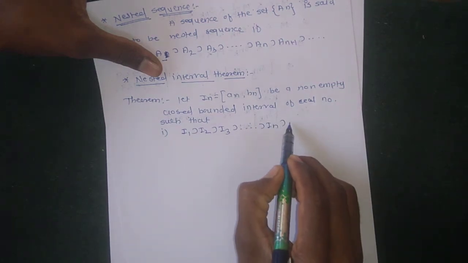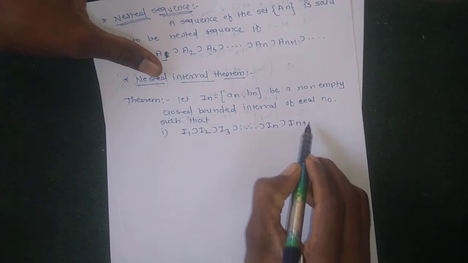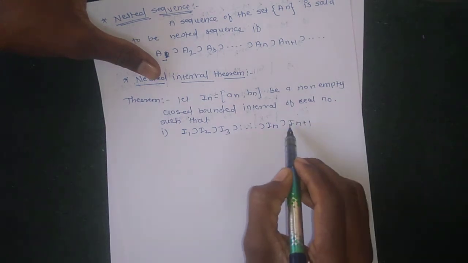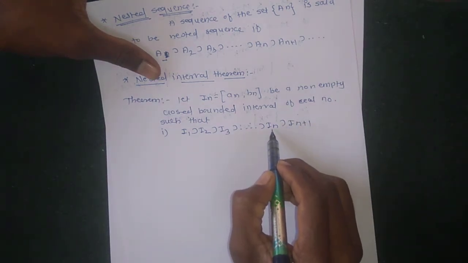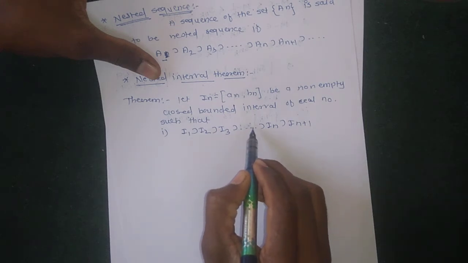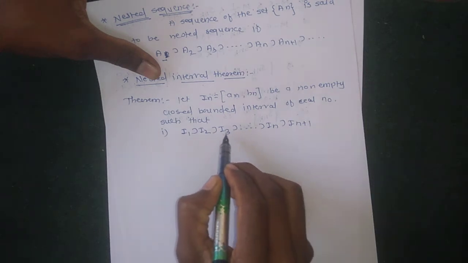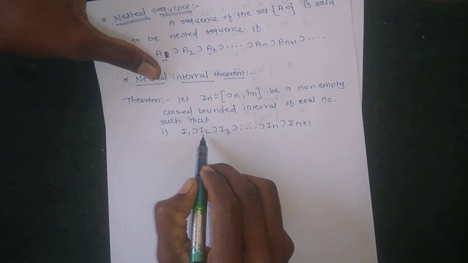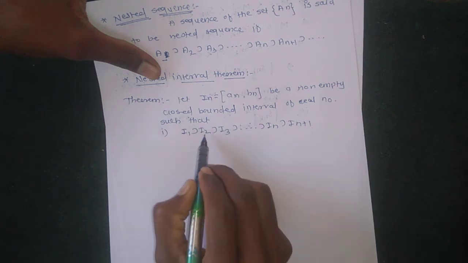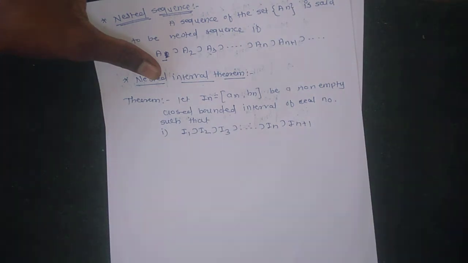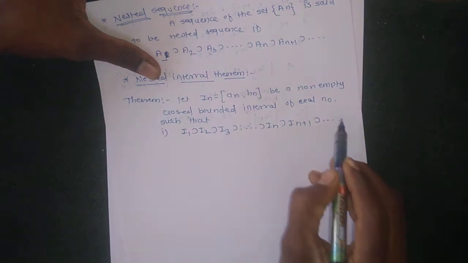In plus 1 is contained in In, which is contained in In minus 1, up to so on, I3 is contained in I2, I2 is contained in I1.